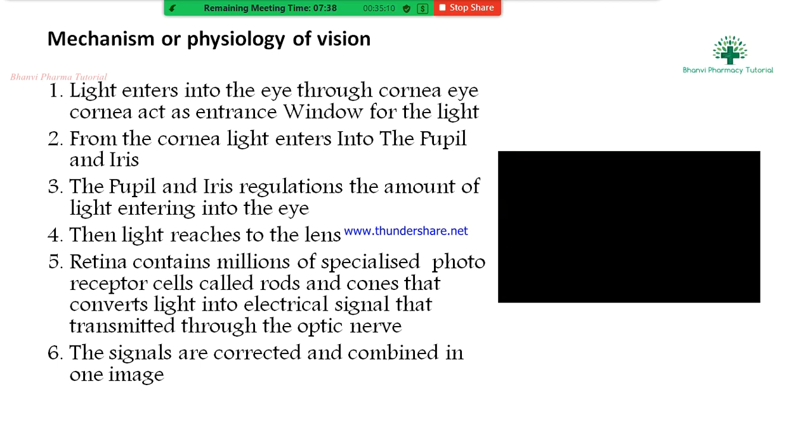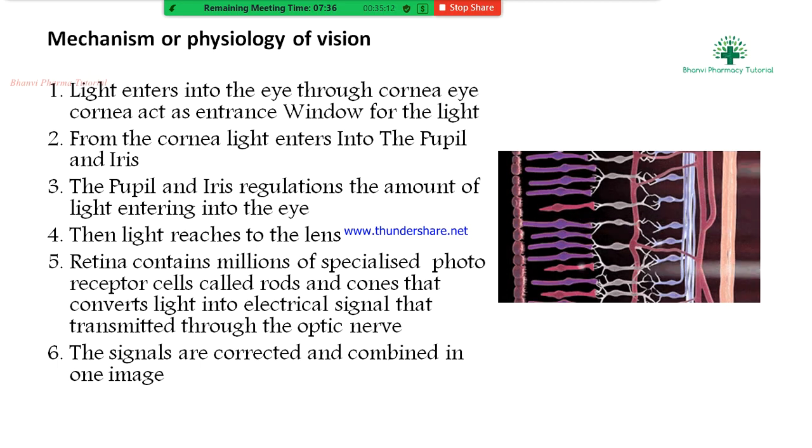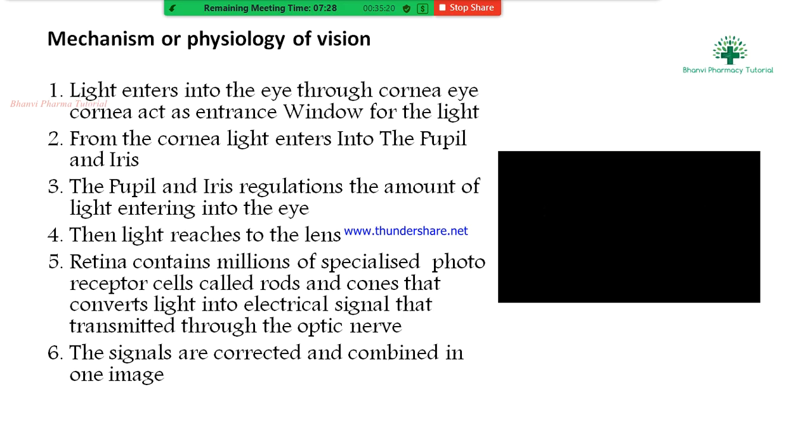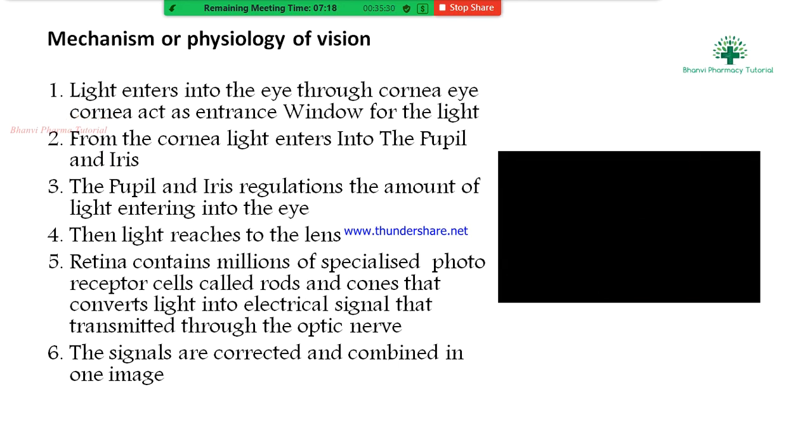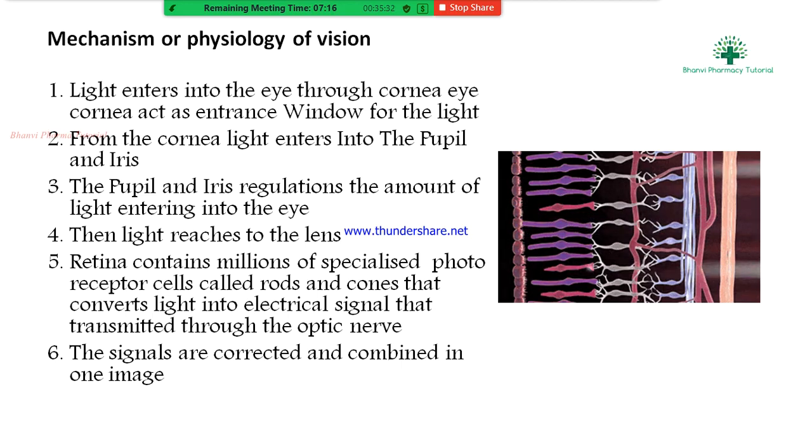The light energy is converted into an electrical signal that is transmitted with the help of the optic nerve to the brain. The signals are corrected and combined into one image. This is the mechanism of vision.